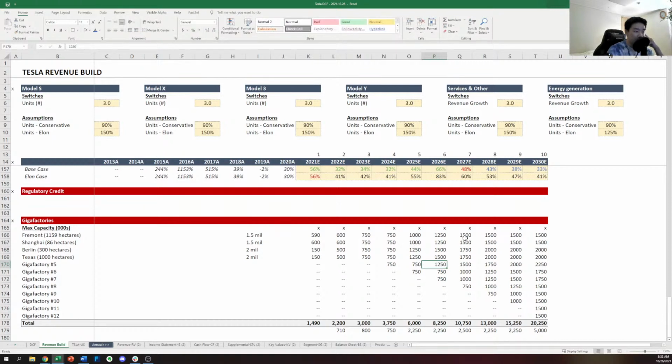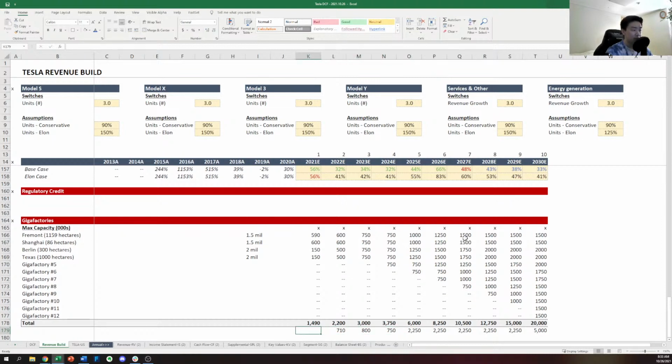Let's see if this is 1250. Okay. I'm trying to make it so that there's some sort of logic here, right?